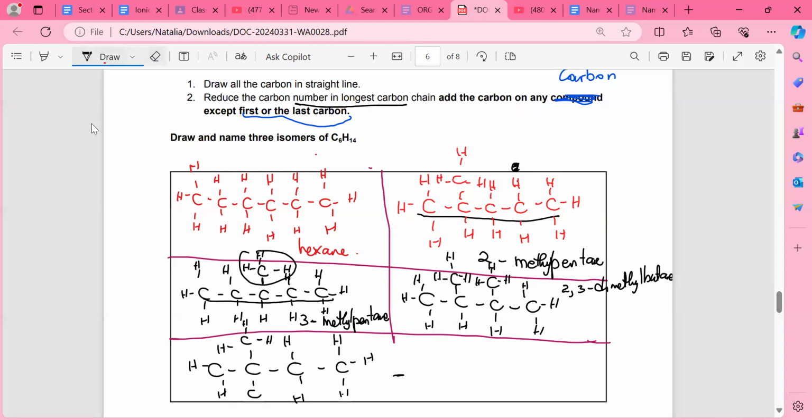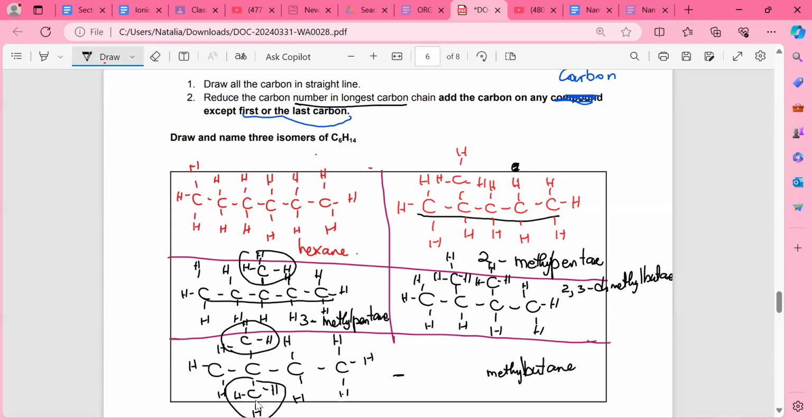And the last one would be, oh, I didn't finish putting on the H's. Let's put on these H's. The longest carbon chain is butane. Substituents: we have a methyl here and another methyl here.